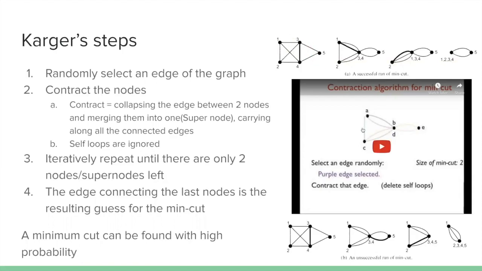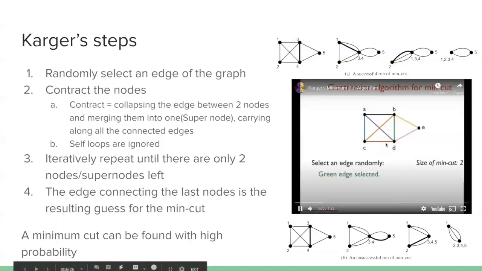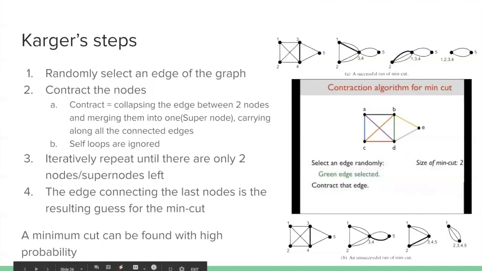So now this video shows what I just did in animation form with the nodes identified as letters instead of numbers. So starting from the first step of randomly selecting an edge, we would pick this green edge here, which is between B and D, which was our 3 and 4. We would merge those 2 nodes into one supernode.